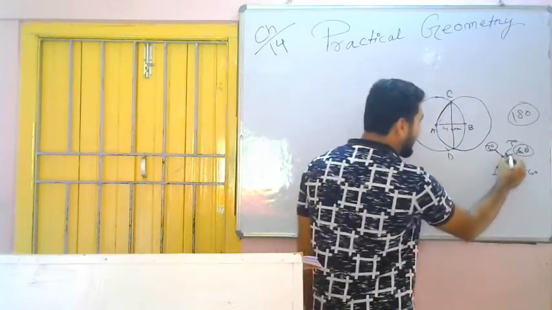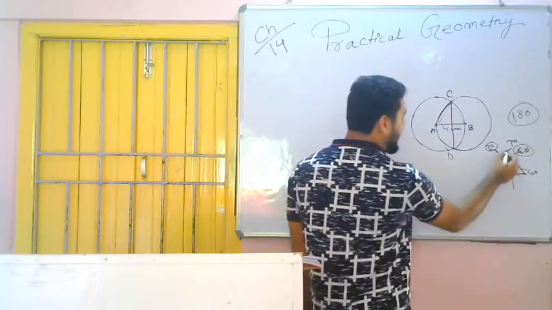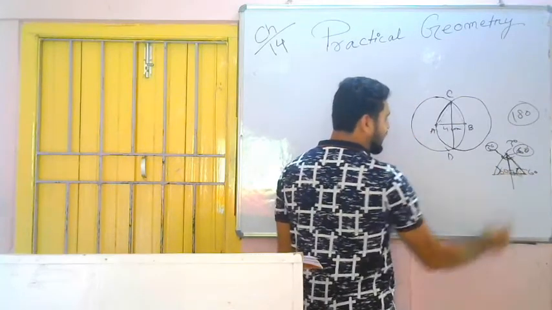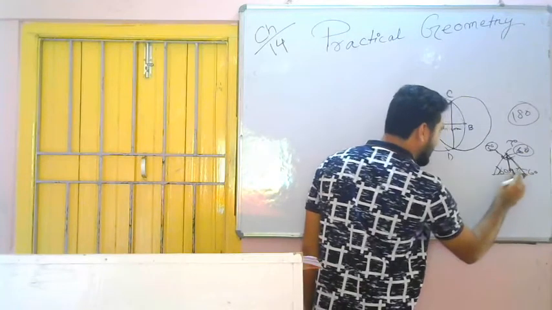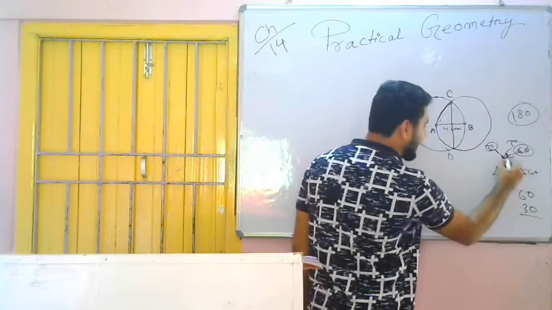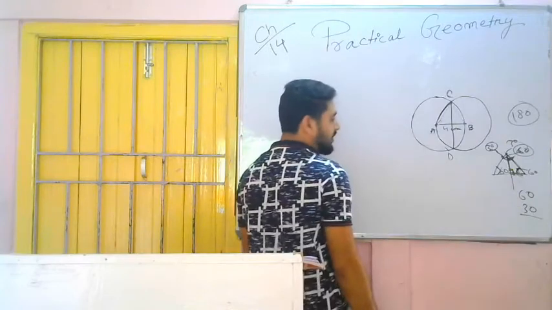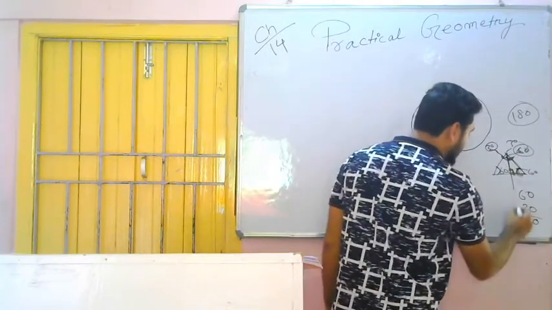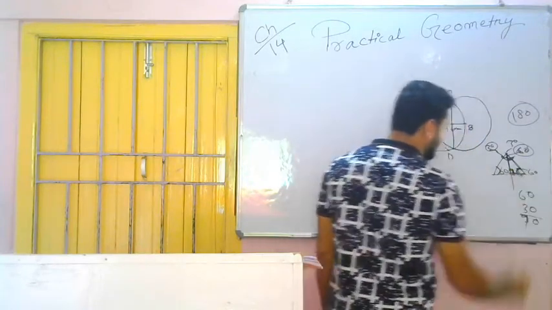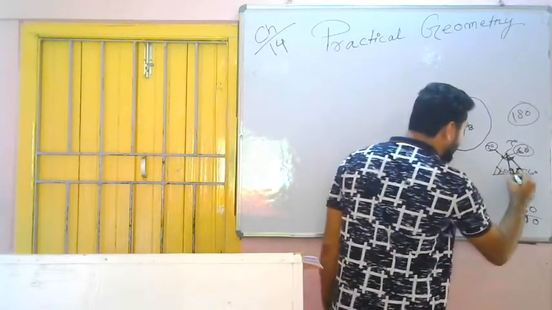Now you see, if I talk about this triangle, and I add this angle and this angle, then we will get this angle. Let me check what the measurement of this angle comes: 60 degrees plus 30 degrees, that is 6 plus 3, 9, so we are getting 90 degrees.